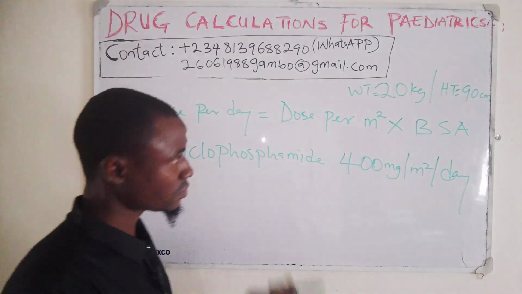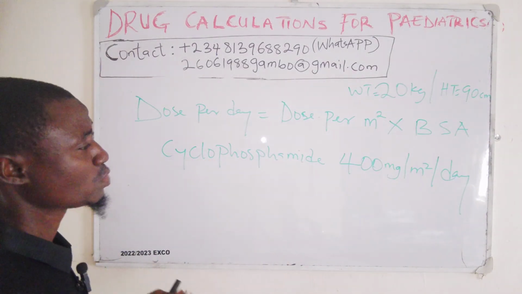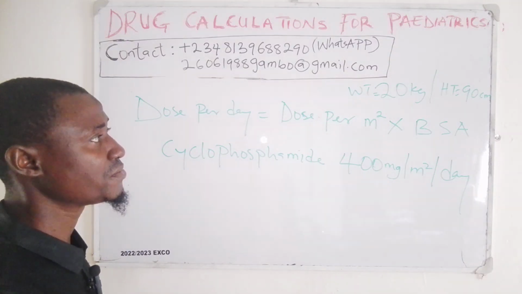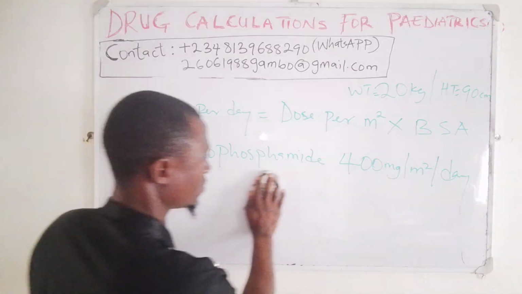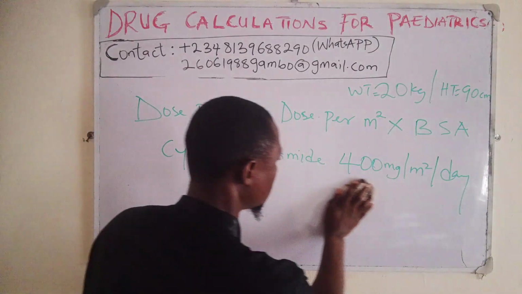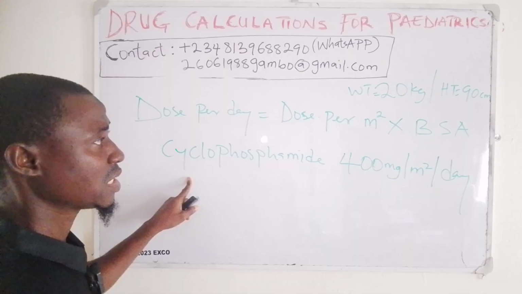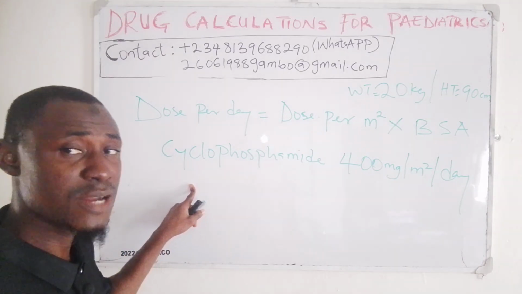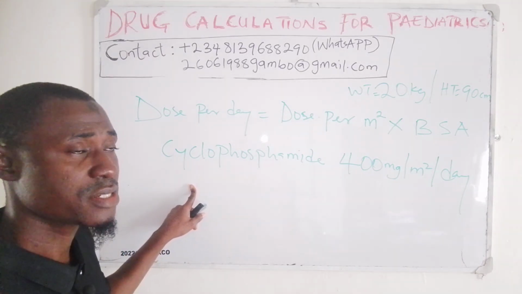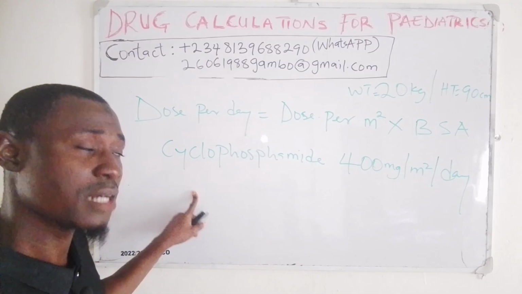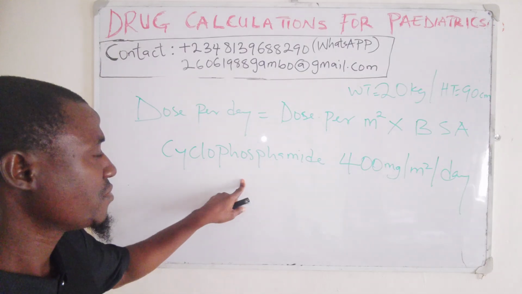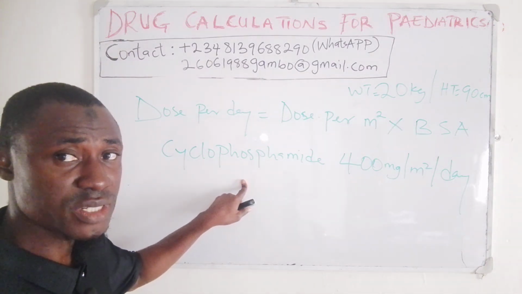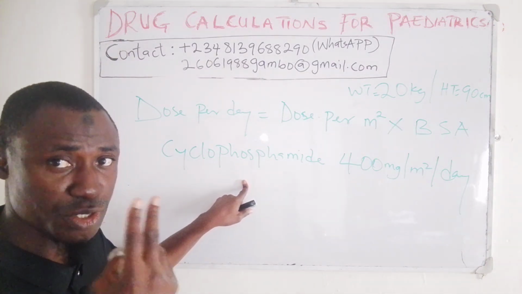So now, let us use this information to calculate the body surface area of this child. If you remember, in our last lecture we did the calculation that involves body surface area, how to calculate the child's dose using body surface area. I said we have an equation we call the Mosteller equations. We have two equations.